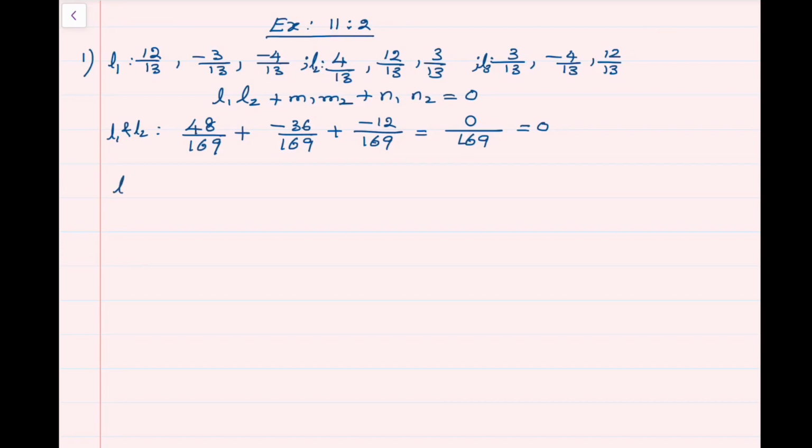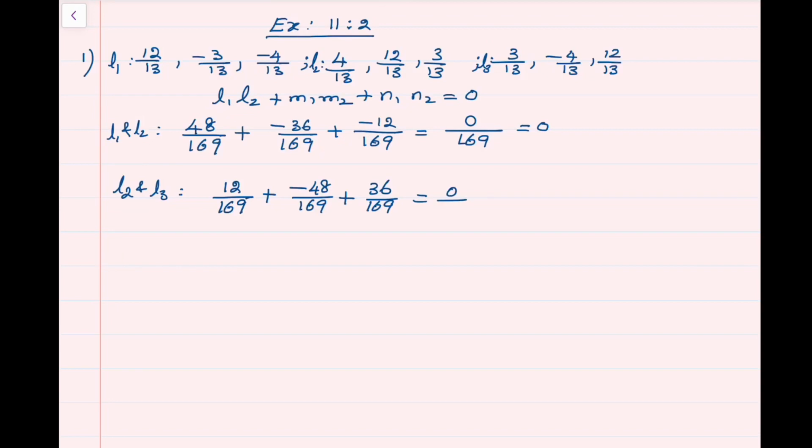Now, let us do for L2 and L3. The dot product will be 4 times 3, 12 divided by 169, 12 times minus 4 is minus 48 divided by 169, plus 3 times 12 is 36 divided by 169.